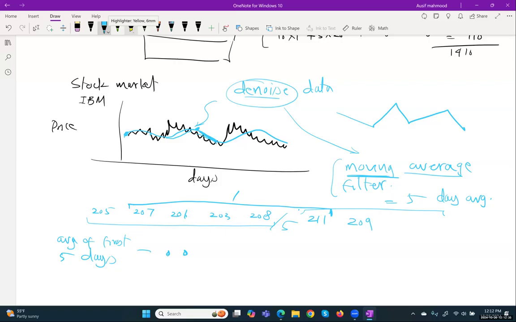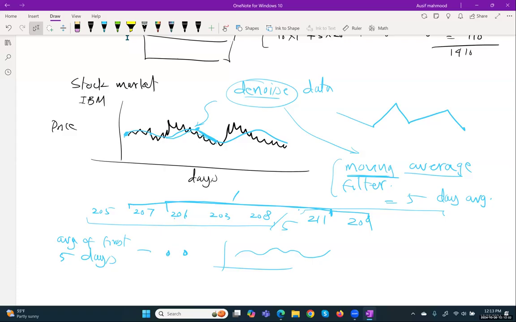You get the idea. Suppose the next day is 209. Now you take the average of the 3rd data point to the 7th data point, and so on. If you plot this moving average data, you'll see it is a lot smoother, and it gives you a much better idea of the trend of where it's going.